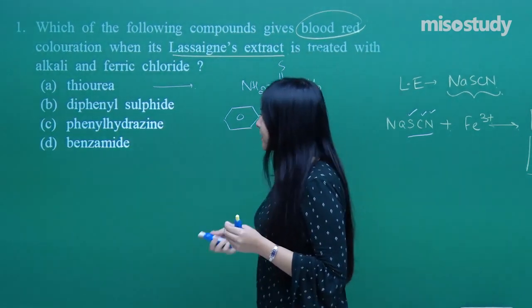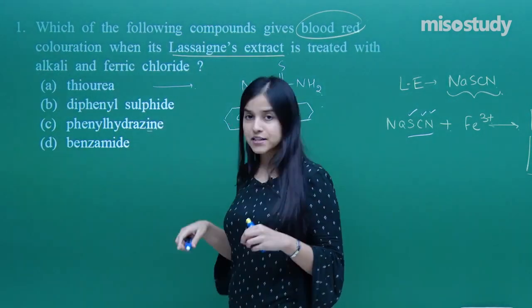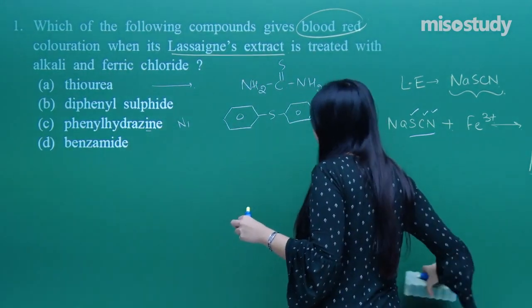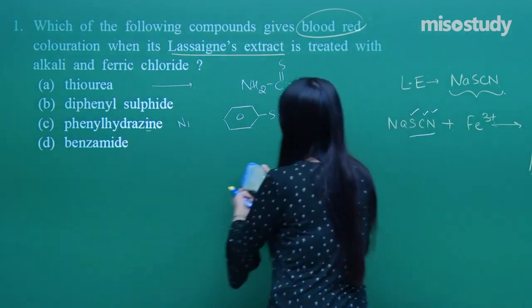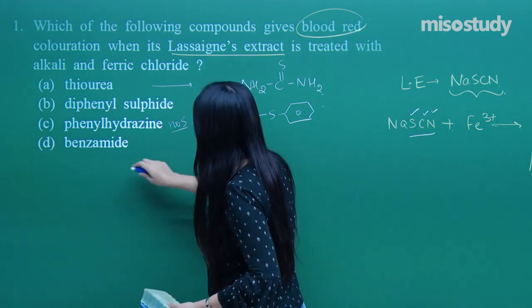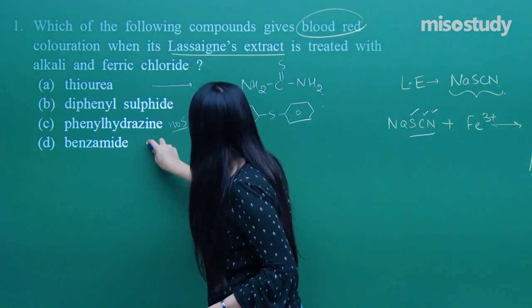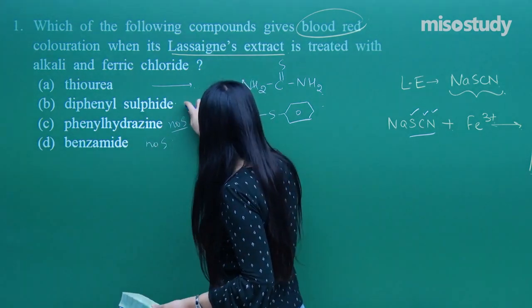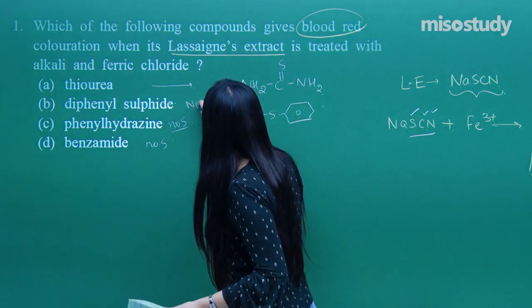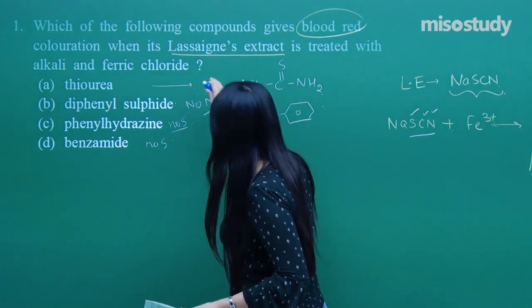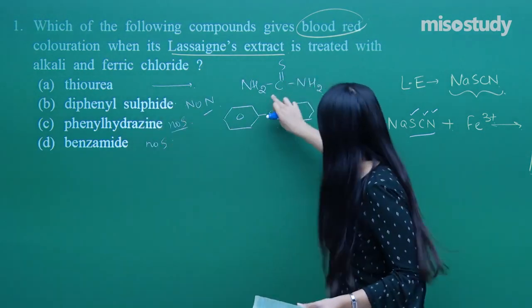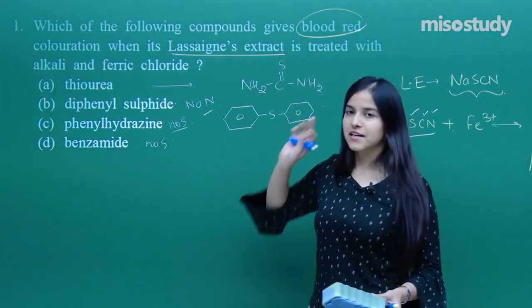If you look carefully, in diphenyl hydrazine you will not find any sulfur. In benzamide as well, no sulfur. Over here sulfur is present but nitrogen is not present. Option A is the only one in which nitrogen, carbon as well as sulfur is present.